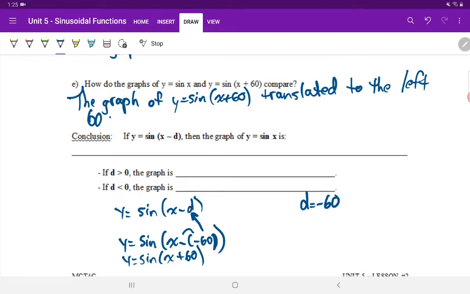Okay, so here, if d is greater than 0, the graph is blank, and if d is less than 0, the graph is blank. Actually, before we get to that, our conclusion: if y equals sine times x minus d, then the graph of y equals sine x is shifted or translated left or right d units.